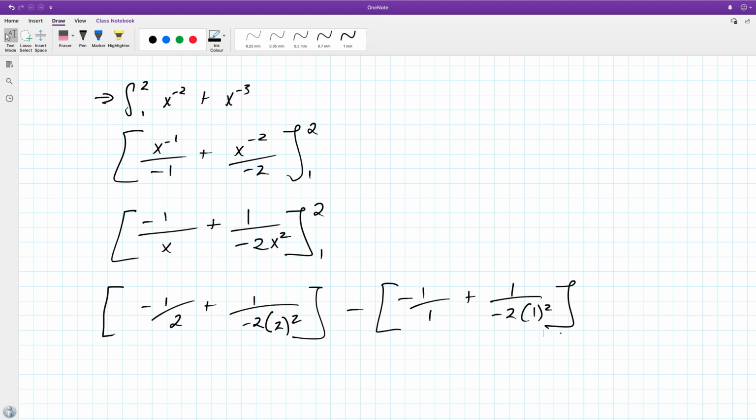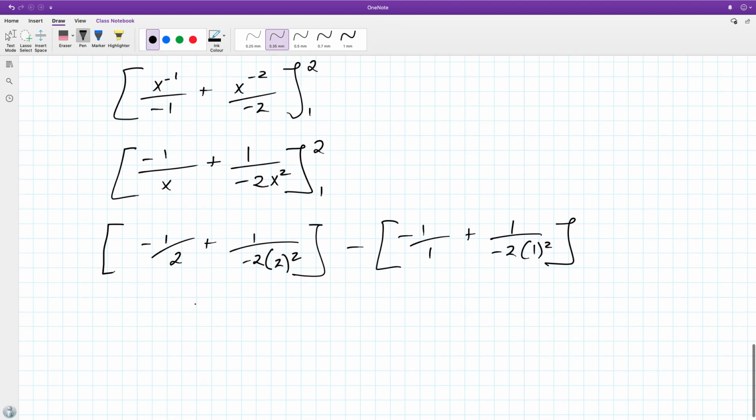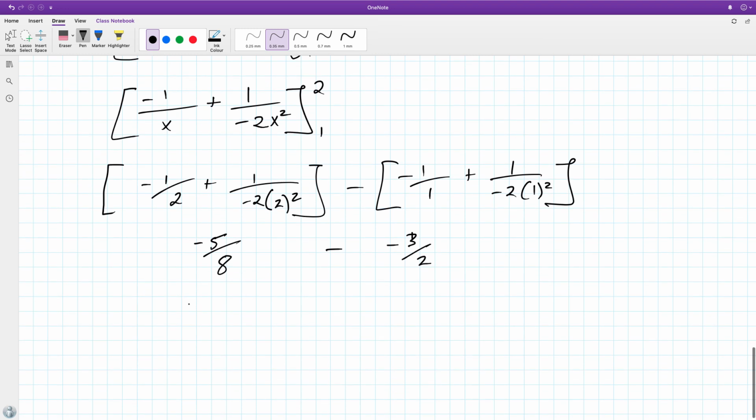Minus 1 over 2 plus 1 over minus 2 times 2 squared, which is minus 5 over 8, minus, back and change your 2 to a 1, you get minus 3 over 2, so that's minus 5 over 8 minus 3 over 2.